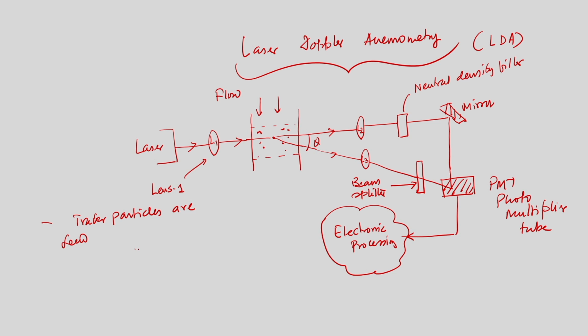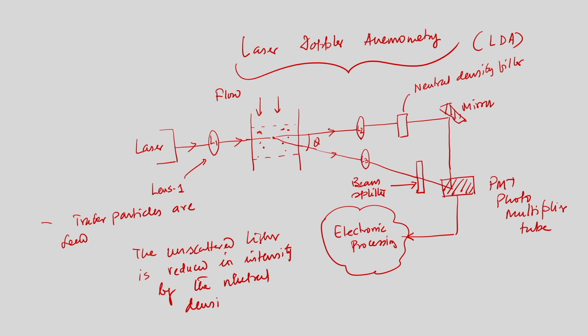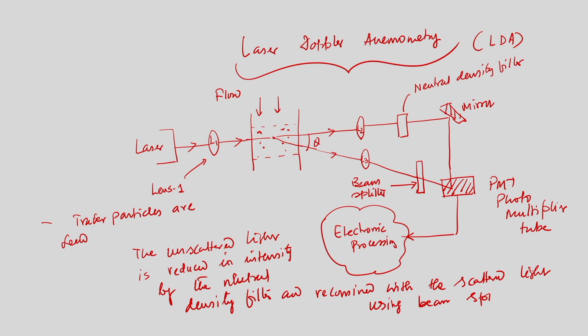If we go to the previous slide, the unscattered light is reduced in intensity by the neutral density filter, and recombined with the scattered light using the beam splitter.